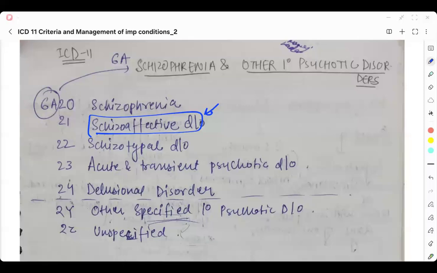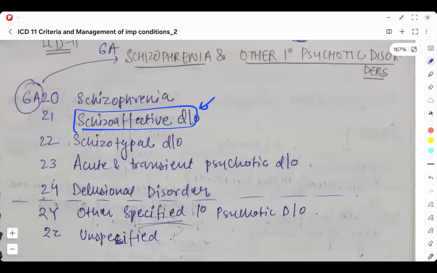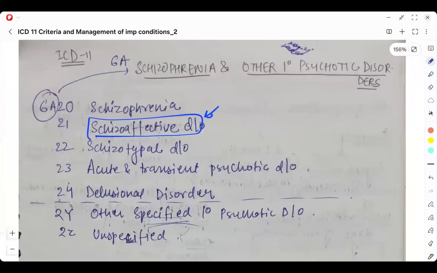Yes, that's right. So can you describe the mood element? They're either depressed or sort of high, but if they didn't have schizophrenia, they would have a mood disorder. Since they have both together, it's called schizoaffective disorder.